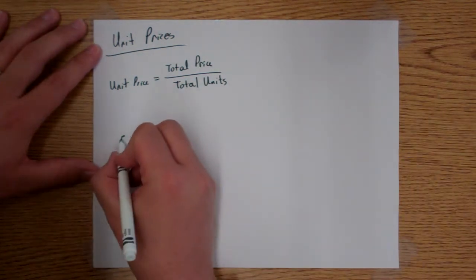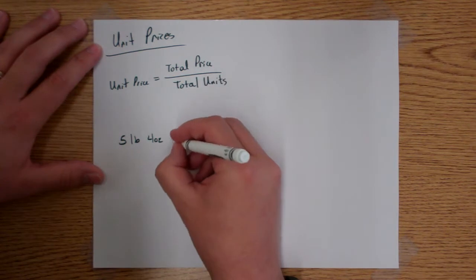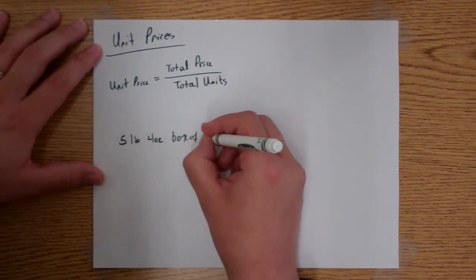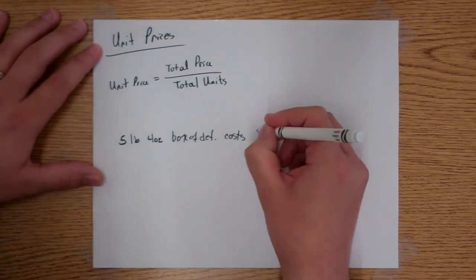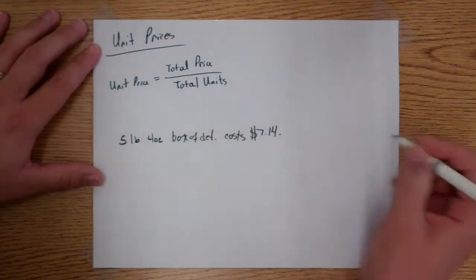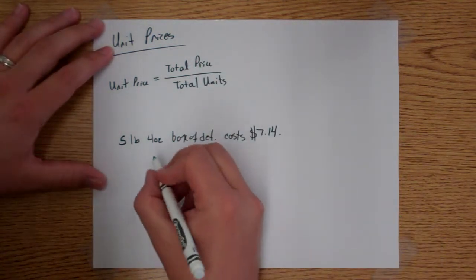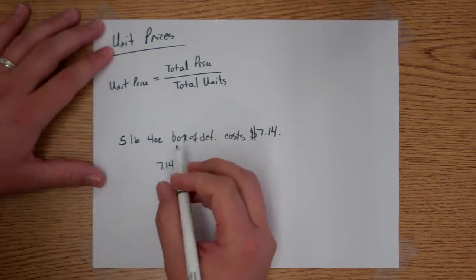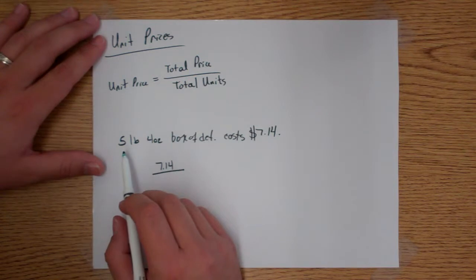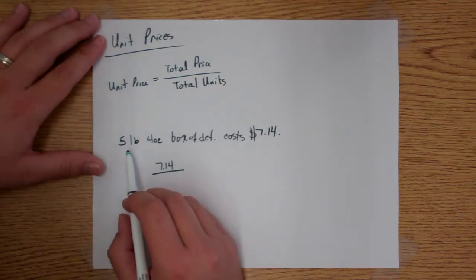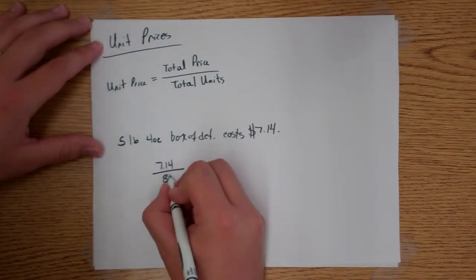So say a 5-pound, 4-ounce box of detergent costs $7.14. And we want to know the price per ounce. If you notice here, we're going to put the total price, 7.14, over the total ounces, where there's 16 ounces in a pound. So 5 times 16 is 80, and then so we have 84 ounces.